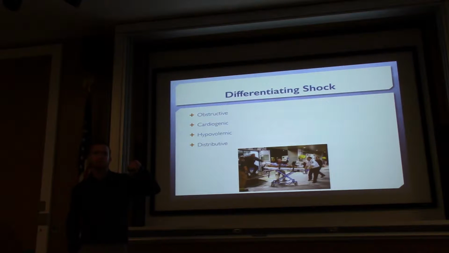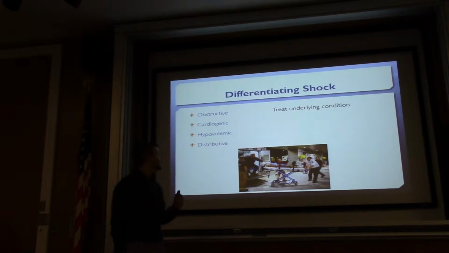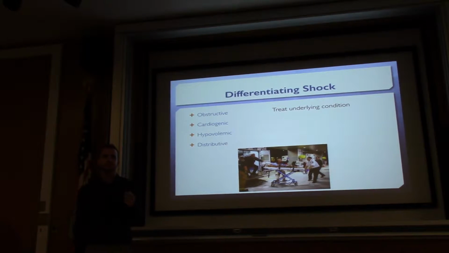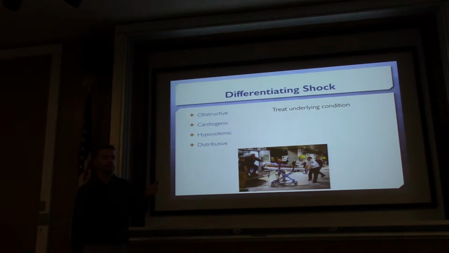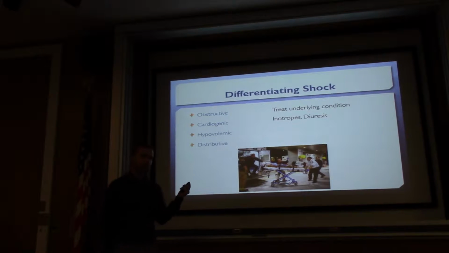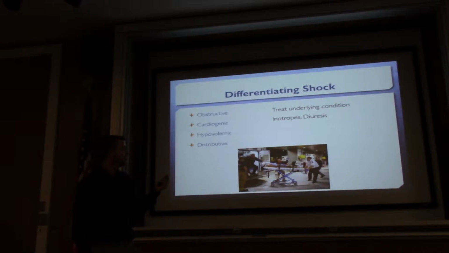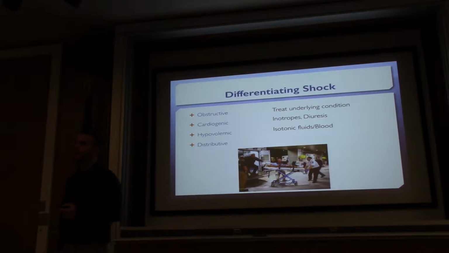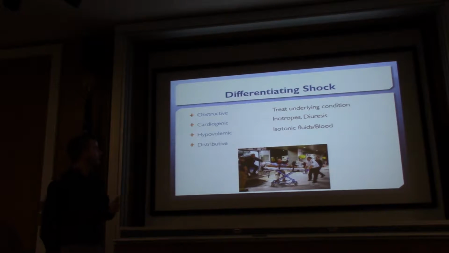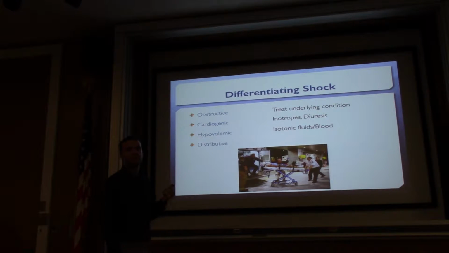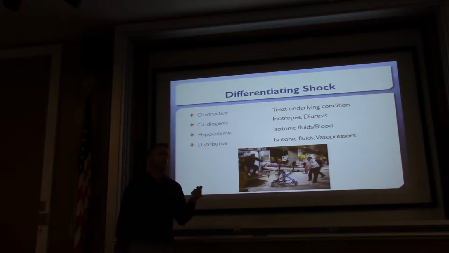Remove the obstruction. Treat the underlying condition. How do you treat cardiogenic? Help the heart. Support the heart. Yeah, diuresis, inotropes. Hypovolemic, volume. So it's going to be isotonic fluids or blood, depending on what the cause is. And then the last one is distributive. Peripheral vasopressors. Fluids and vasopressors.